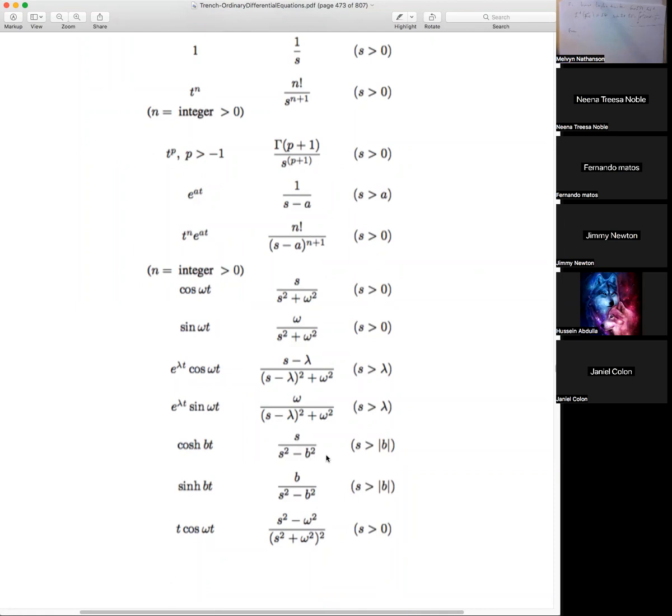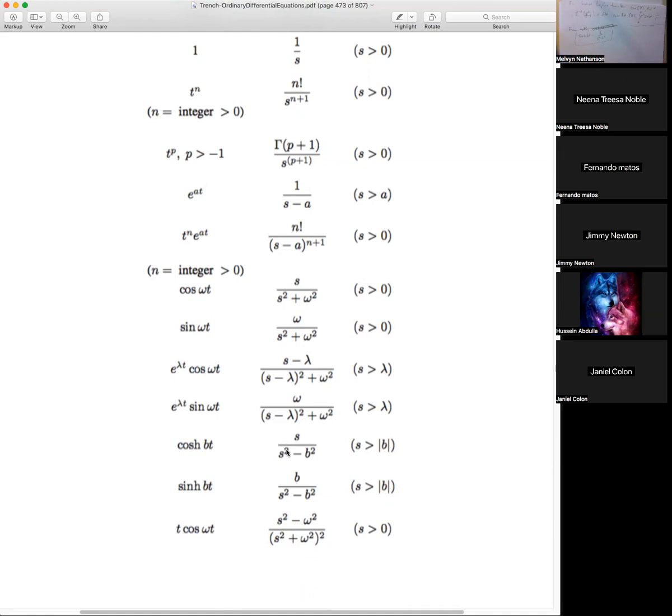So let me just write this down. From the table, we see that the hyperbolic cosine of bt is equal to s over s squared minus b squared. Sorry, that's true, but I want the hyperbolic sine. The hyperbolic sine of bt is equal to b over s squared minus b squared.